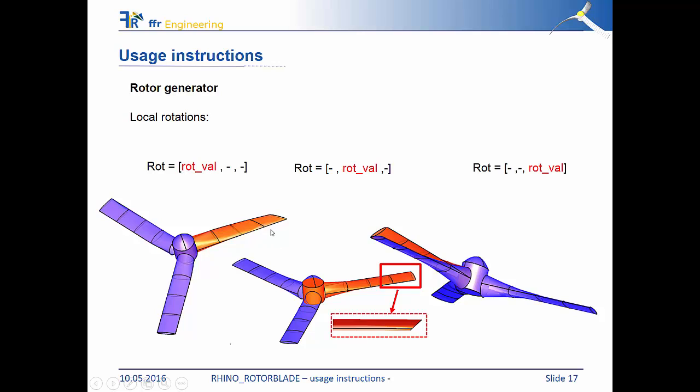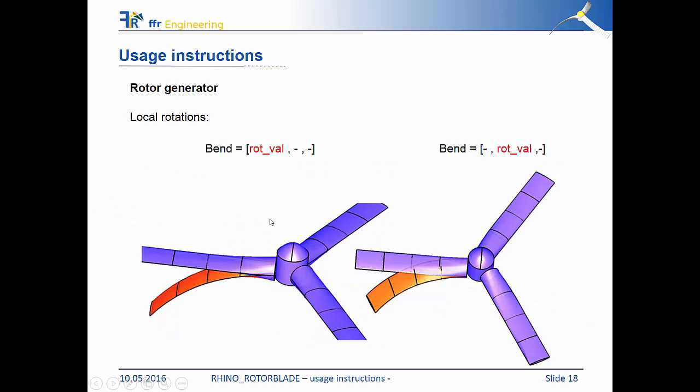Here you also see the flexibility: it's possible to apply this transformation only to one of the wings, because we make it possible to add the profiles to each of the wings and apply transformations to each of them separately. And here you see again the bends. So this allows you to generate some nice rotor models, and we now have a look into the code itself for a second.